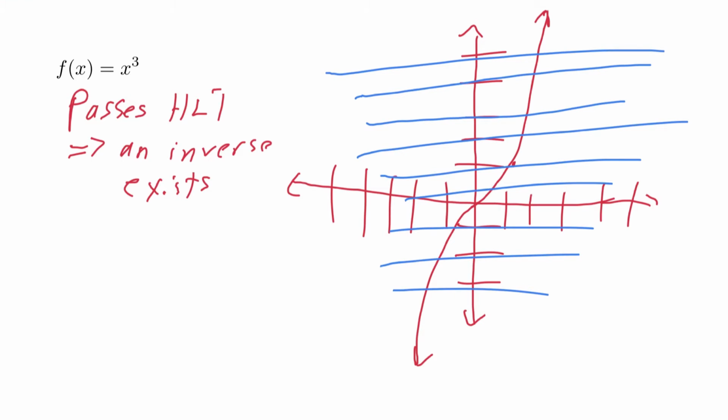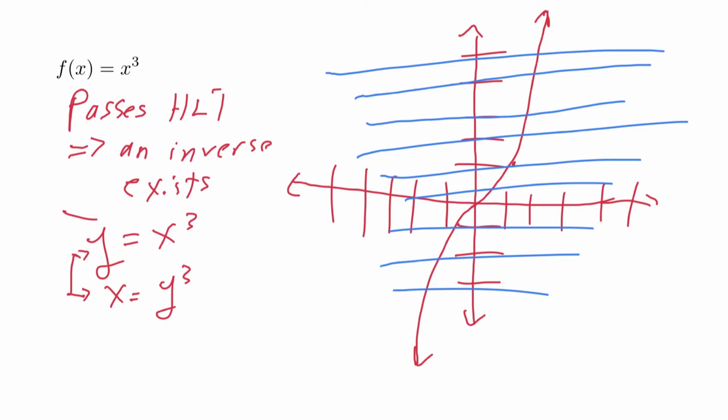Now, as is often the case in mathematics, knowing that something exists is not the same as actually computing it. It's actually getting your hands on it. So for this, we have to switch the roles of x and y here, and then solve for y. So I'll write y equals x cubed, do this switch I was talking about, and say x equals y cubed.